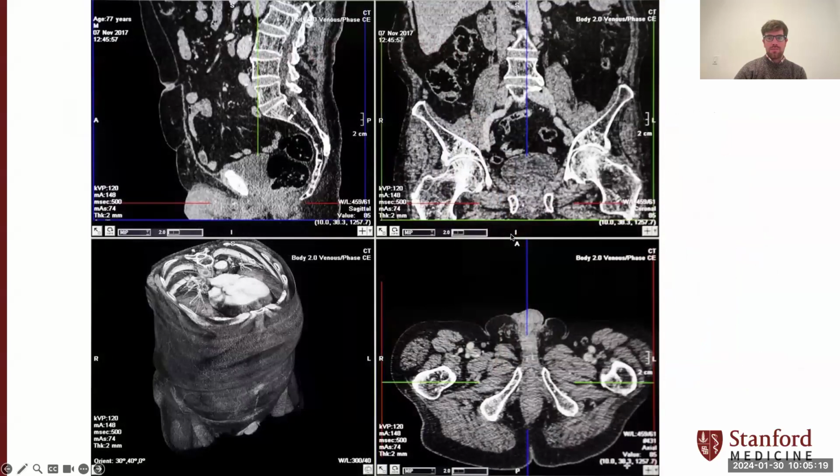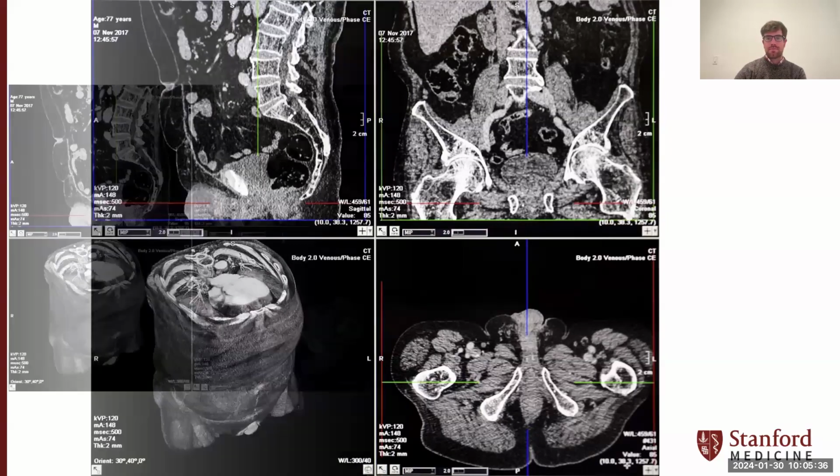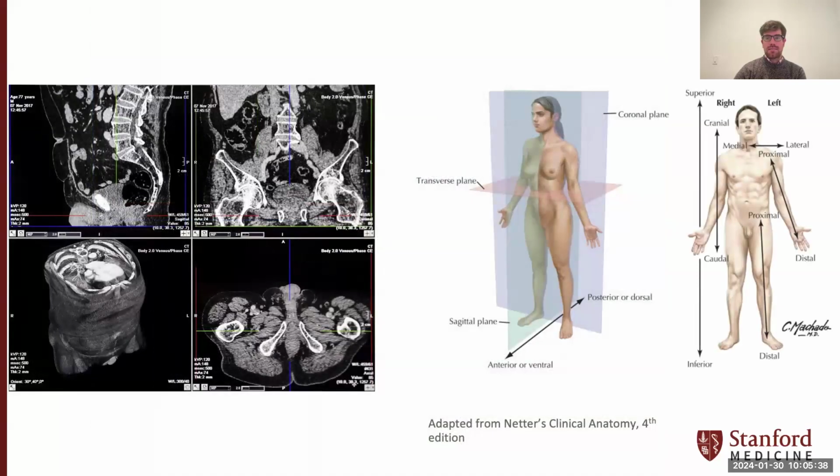Where this really comes into play is when we discuss imaging. That's by far the most frequent place this is going to come up. This is a CT scan, where we use radiation to slice up the body and create projections based on tissue density. CT scans are where these planes play a really important role.